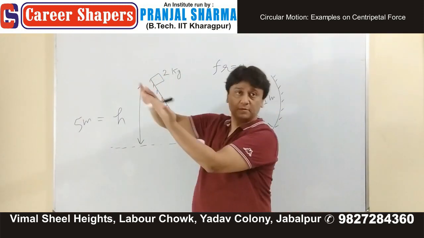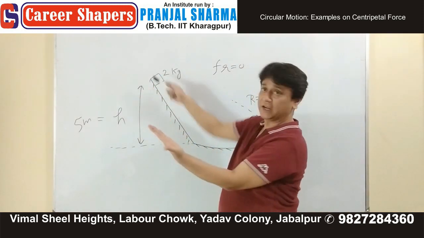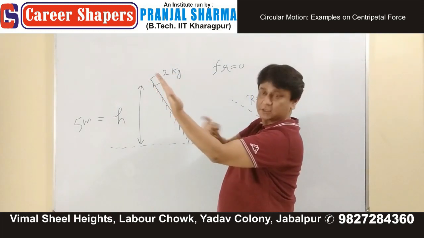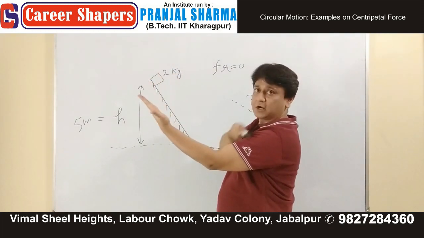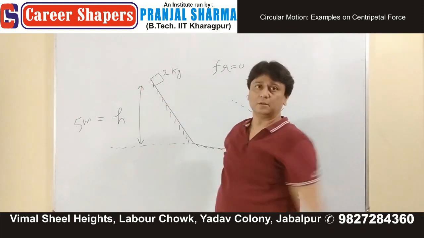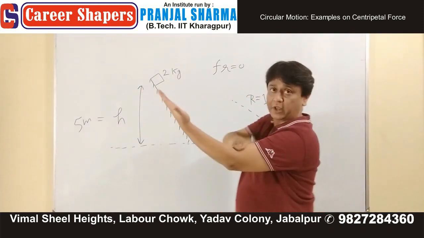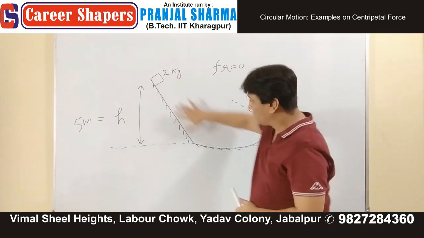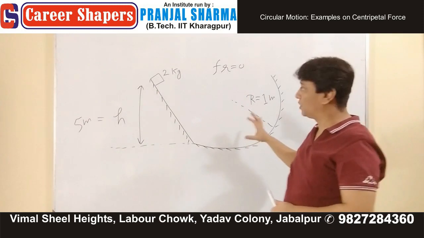Suppose my hand represents the incline. As it comes down, it joins a circular part and then starts moving in that circle. So the whole thing is in vertical plane. Everything which you see in this question is in the vertical plane.